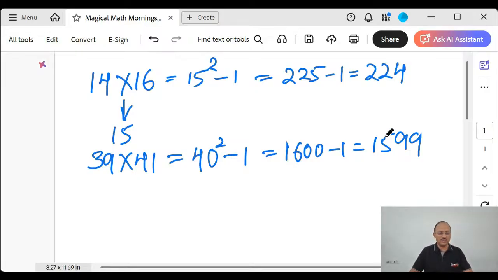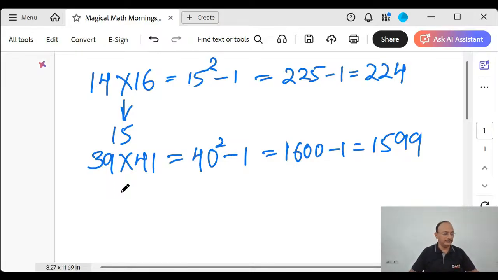Especially this can be used for the numbers where you know the squares very easily, like 20, 30, 40, 50, 60 and all, where they end with 0. And also you know the short trick like 25, 35, 45, 55, 65. Those also we can find out. Also the numbers that are ending with 1, like 21, 31, 41, 51 and all. So for all those numbers we can apply this trick.